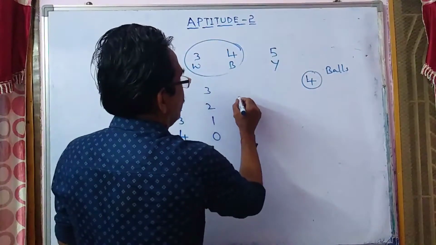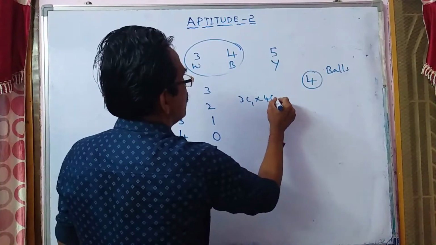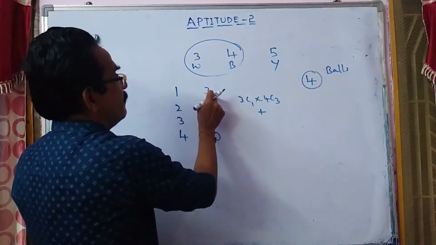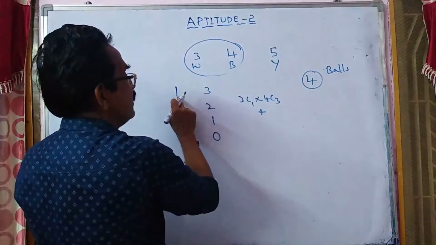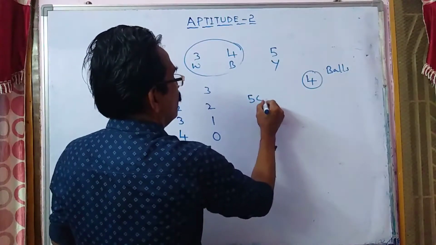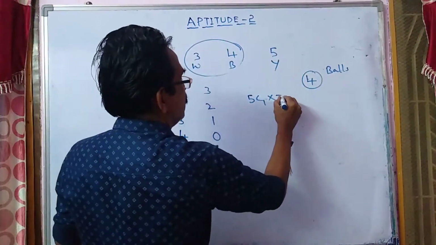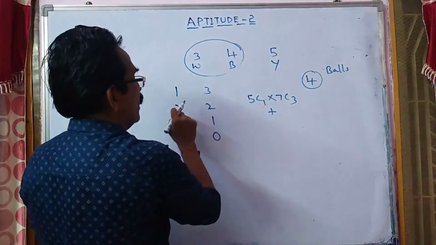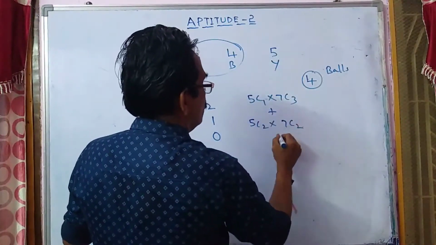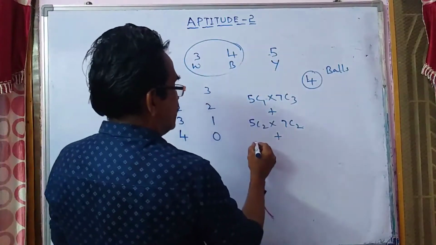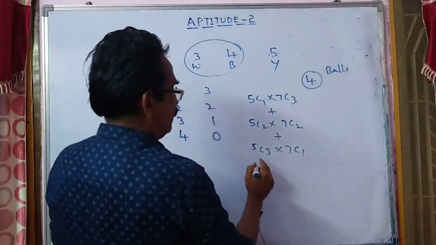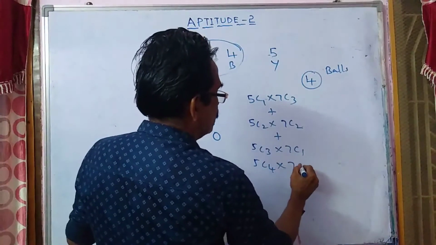So 5C1 into 7C3, that is 1 yellow ball, plus 2 yellow balls, 5C2 into 7C2, plus 5C3 into 7C1, plus 5C4 into 7C0.